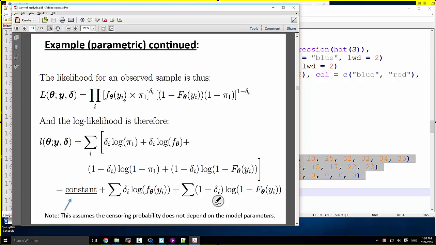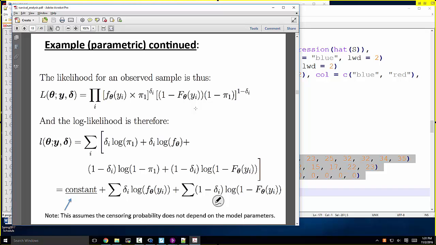So individual i, if they were observed to die at Y_i, their delta is equal to 1, which means the contribution for that individual is this one. This over here would turn into 0, and that piece would disappear for that individual. For another individual who was right-censored, their delta would be 0, so this piece disappears, and this would be equal to 1, so this piece kicks in. I'll review this next time, but it's going to allow us to do likelihood-based inference with survival data.